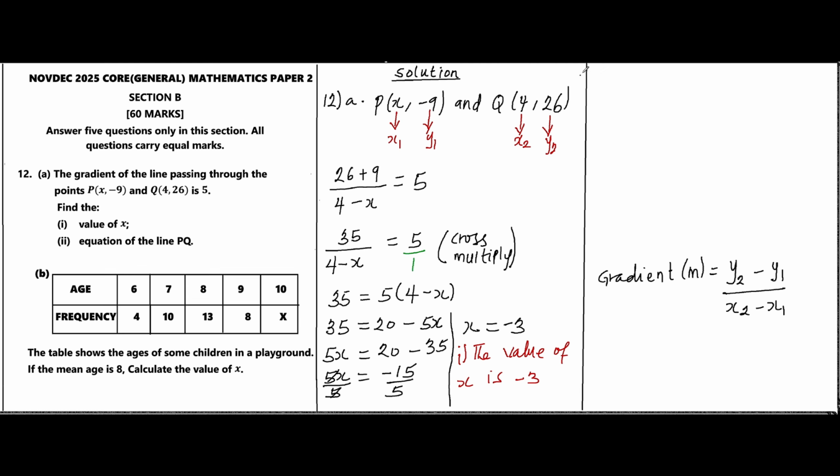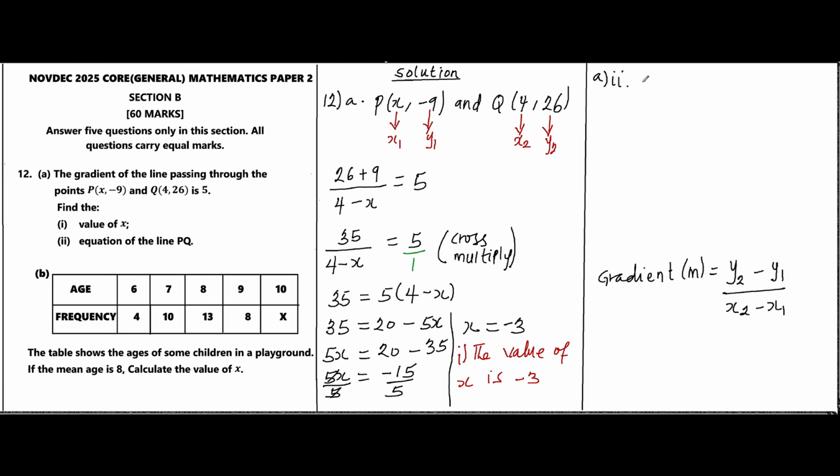Now A II. For A II, we have to find the equation of line PQ. Now to find the equation of a line, we need two things. We need the gradient of the line and then a point on the line.